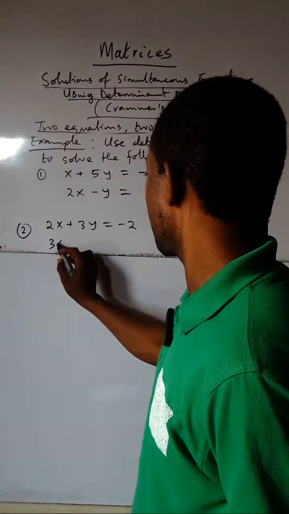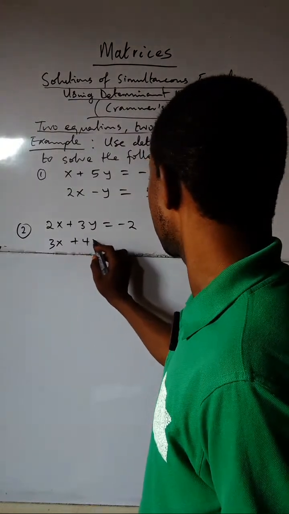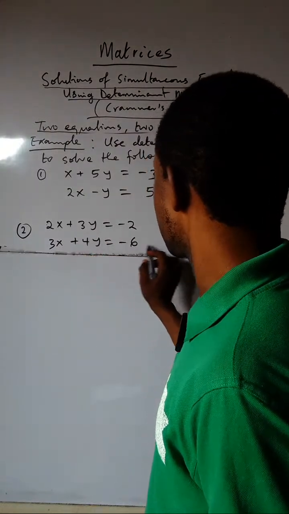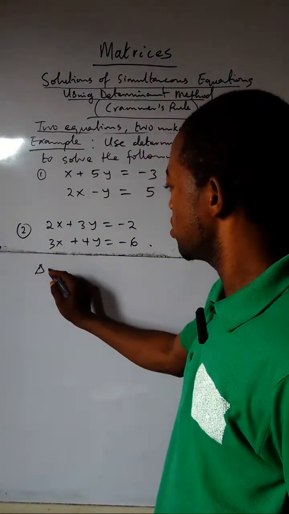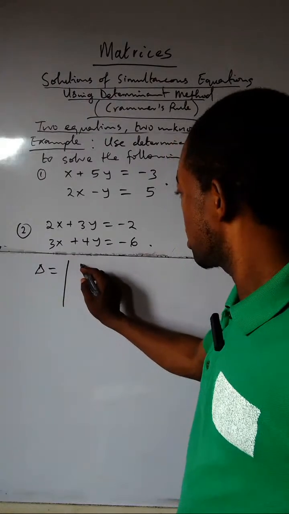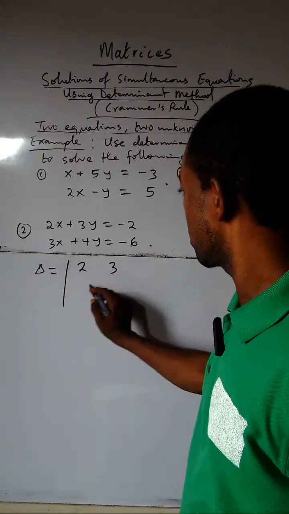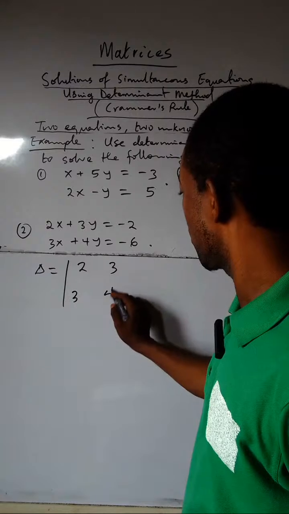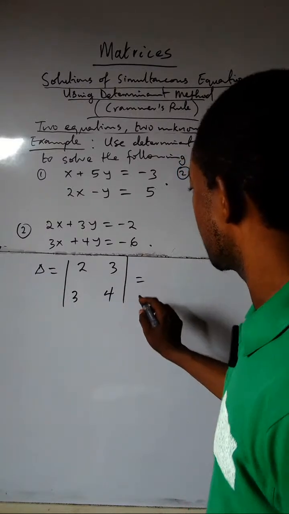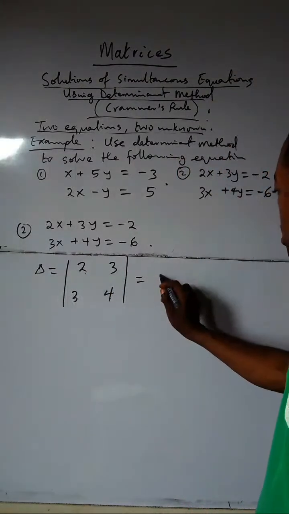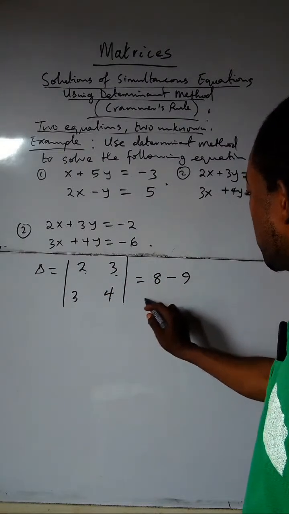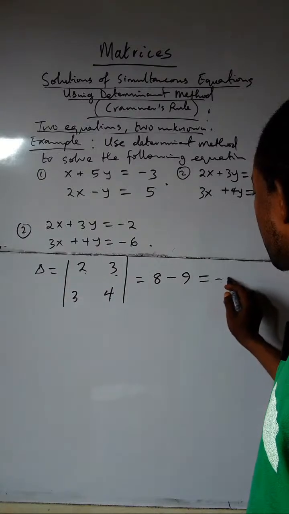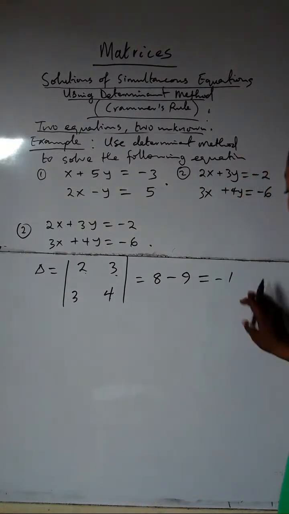Then we have 3x plus 4y equals minus 6. Then we can find the determinant first. The determinant here is the determinant of 2, 3, then 3, 4. And here this becomes 2 times 4, that's 8, minus 3 times 3, that's 9. 8 minus 9 gives us minus 1. So the determinant here is minus 1.